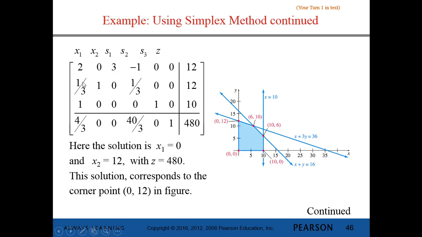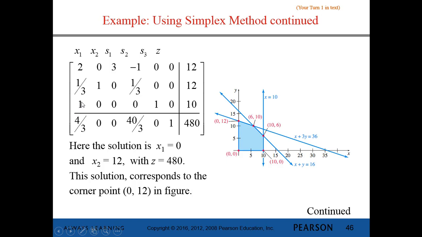So the basic variables are x2 and s1. The rest of these are not basic. So in this case, x1 is 0 and x2 equals 12, right? And then z equals 48.